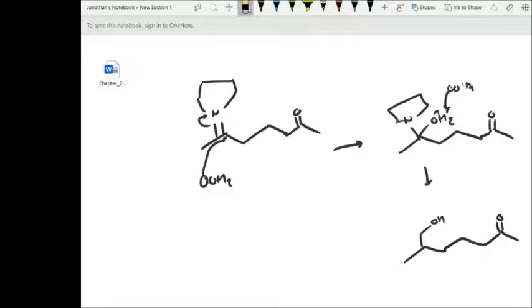Oh man, this mechanism is very tiring. 1, 2, 3, 4. I need to make one more carbon in there. 2, 3, 4, 5. Okay.